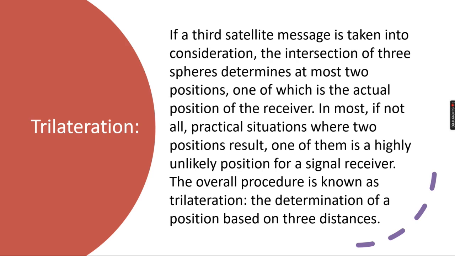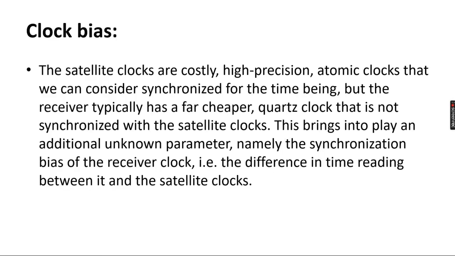So with three satellites, we are able to locate the position of any receiver on the surface of Earth. Then comes clock bias. Satellite clocks are costly, high precision atomic clocks that we consider synchronized for the time being, but the receiver typically has a far cheaper quartz clock, and this is not synchronized with the satellite clock.